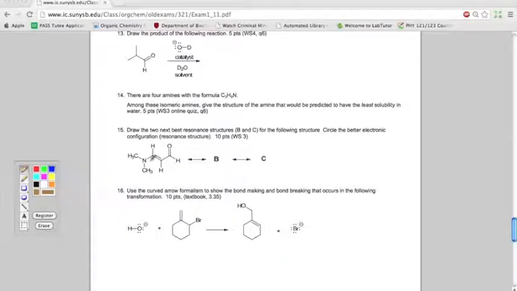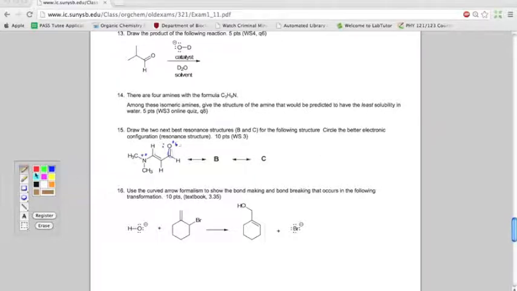You can only mess with the lone pairs and the pi bonds, which are basically wherever you have a double bond or a triple bond. You cannot move a single bond, because a single bond is your sigma bond, and you can't move those electrons.